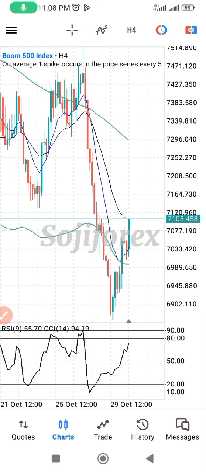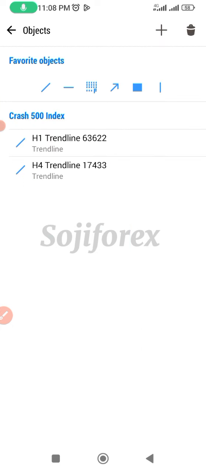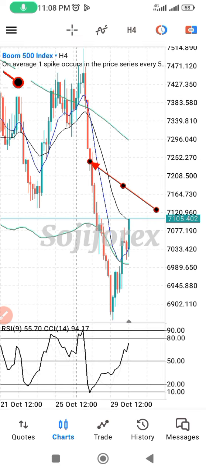We use our middle Bollinger Band to determine the trend of the market. This is our middle Bollinger Band. Remember, there is no monopoly on what strategy you trade or what you use to determine your trend. The goal is to make money, and whatever strategy pays you, just stick to it.